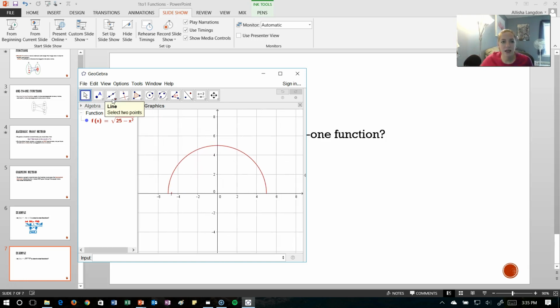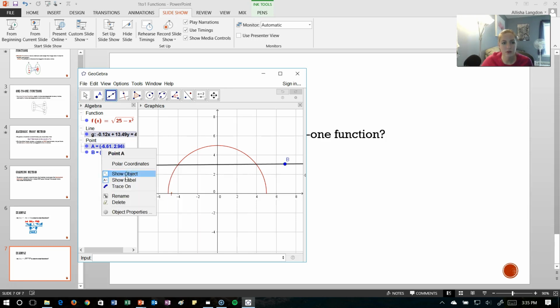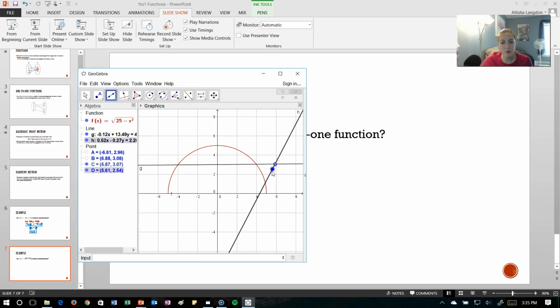And if we were to draw those straight lines, and we can actually do it right on here, just draw a straight line. I'm going to hide those. Show object. Nope. We don't want to show that object.